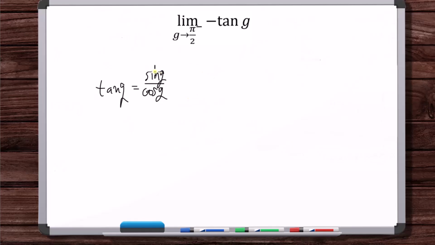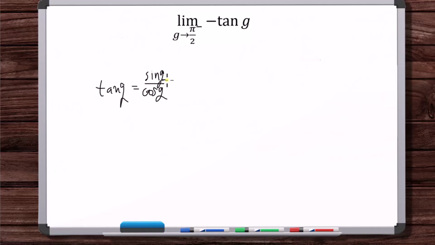But we also know that there's no point where both sine and cosine are 0 at the same time. So when tangent doesn't exist, cosine is approaching 0 and sine is approaching some number that's not 0. So since this minus tangent of g isn't defined at pi over 2, this is going to be a vertical asymptote for sure.